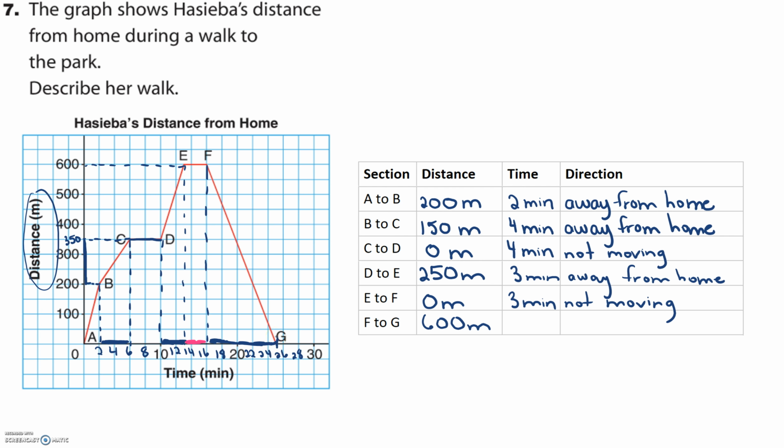So you have to take 25 minutes minus 16 minutes, which is 9 minutes in total. And since the line's going back down, it means that she's walking back home.